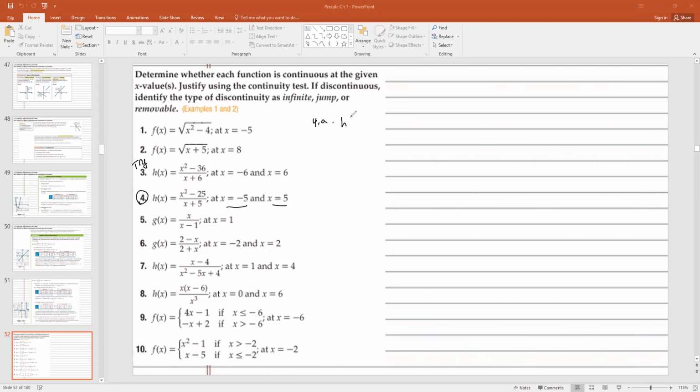You're going to check to see if h of -5 exists. Here we're just going to plug it into the equation. So we have -5 squared minus 25 over -5 plus 5.